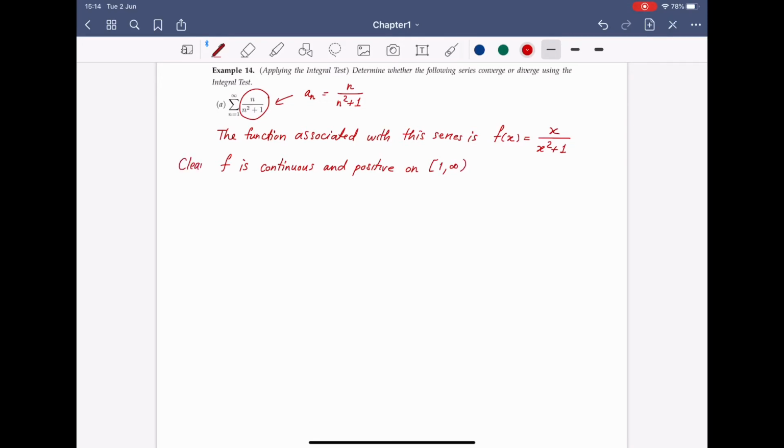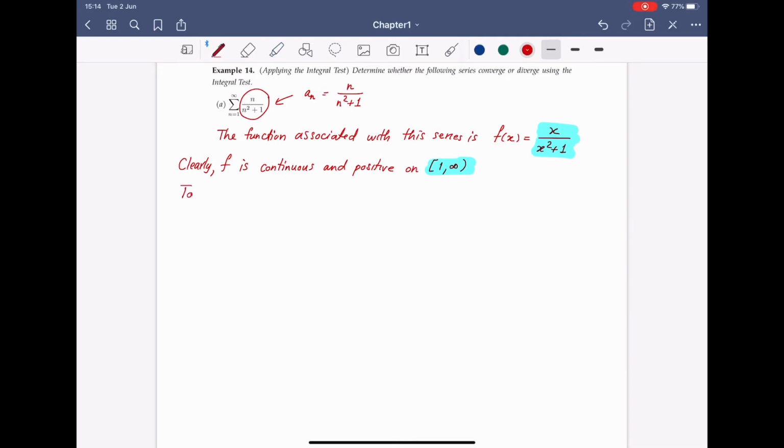This is clear because f is just a rational function, x over x squared plus 1, so it is always continuous on the interval 1 to infinity. And it is always positive, because you focus on the positive interval, so once you plug x into the function f, you always get a positive number.